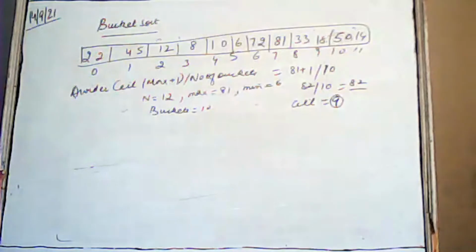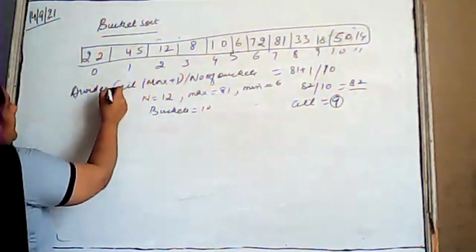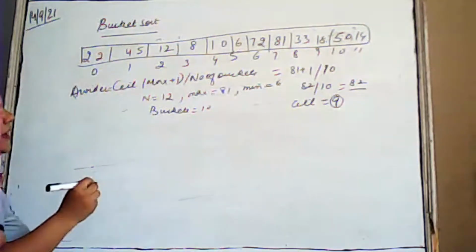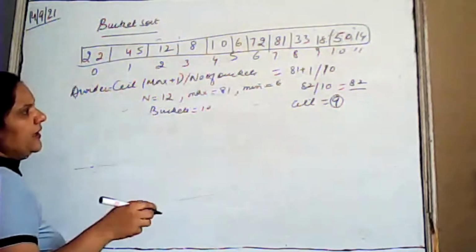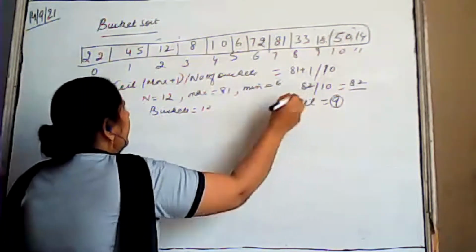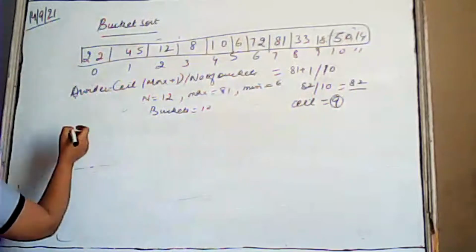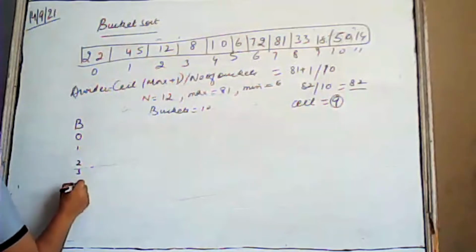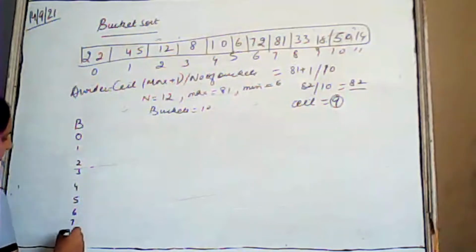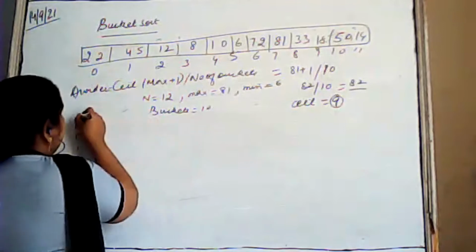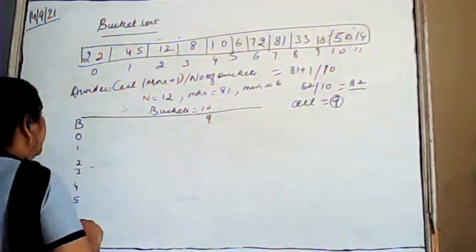See, divider function is equal to ceil of (max plus 1) by number of buckets. 81 is the maximum number, 81 plus 1 is 82, 82 by 10 is 8.2. So when you take the upper limit, it becomes 9. So the divider function is 9. Now buckets are assigned from 0, 1, 2, 3, 4, 5, 6, 7, 8, 9. I told you that we have a total of 9 buckets, but starting from 0, so it becomes 10.